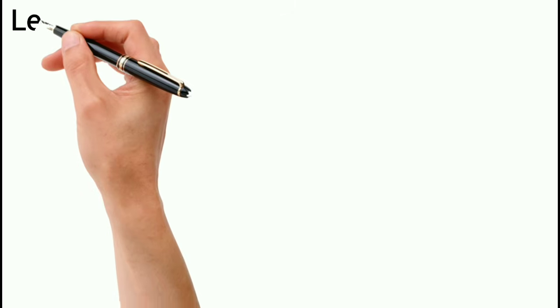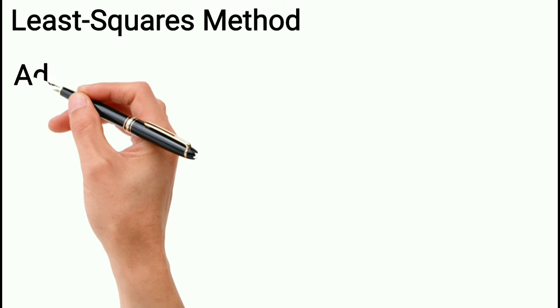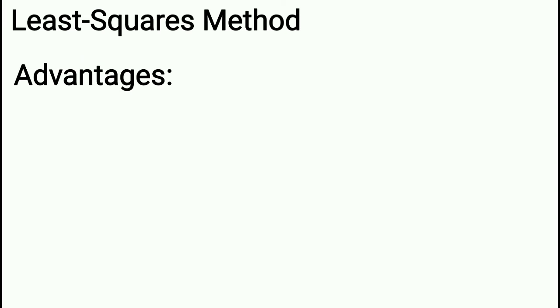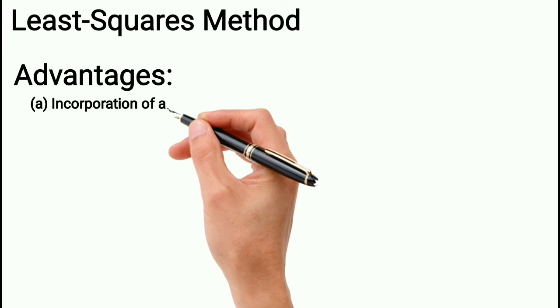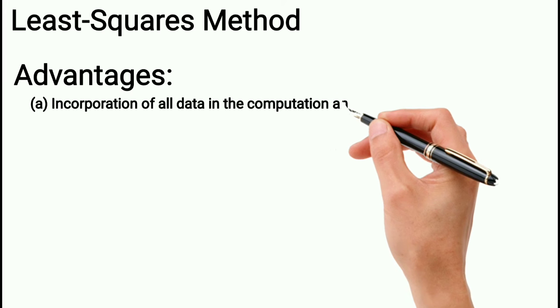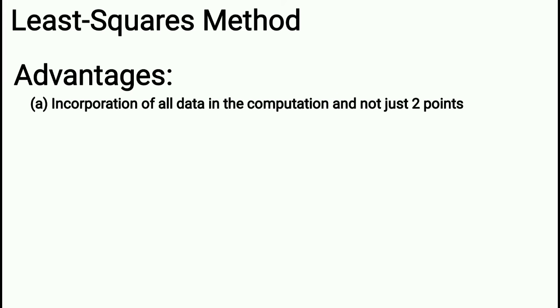Of course, just like the high-low method, ang least squares method meron din siyang advantages and disadvantages. Unahin natin yung advantages. First advantage of least squares method is the incorporation of all data in the computation and not just 2 points. Based sa mga problems na sinagutan natin, lahat ng available na data ay ginamit sa computation.